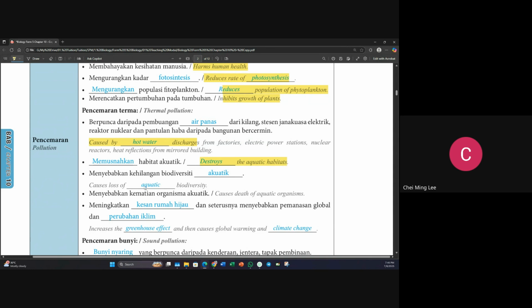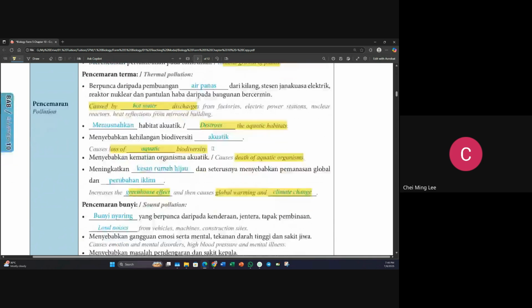Okay, and you will have loss of aquatic biodiversity because many of them will die, causing the death of the aquatic organisms, and increase the greenhouse effect. So when the greenhouse effect comes in, global warming and climate change. Like I said, buy one free one package.